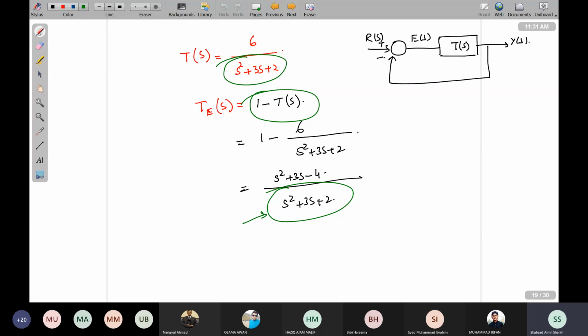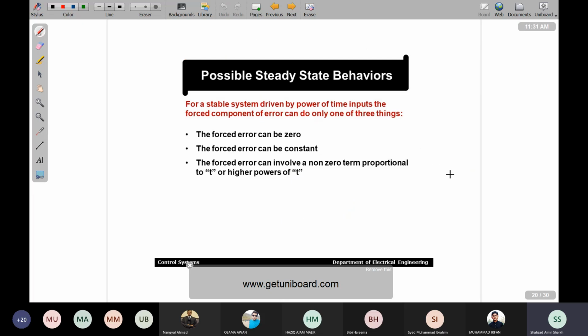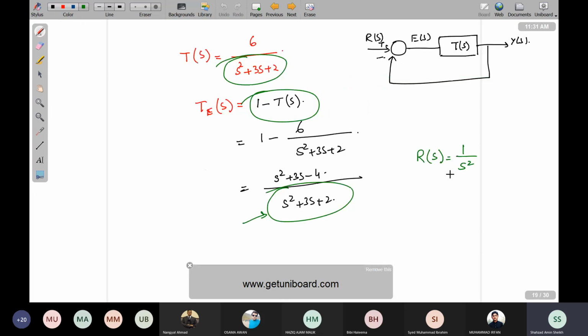राइट सर. ओके अच्छा, अब आते हैं इसी में एरर टू स्टैंडर्ड रैंप इनपुट क्या होगी इसकी. अगर रैंप इनपुट है, इस बात का मतलब ये है कि मेरा RFS जो है वो 1 over s square होना चाहिए. So अब मेरे पास EFS जो है, because I'm interested in knowing what will be my error for this RFS, that is 1 over s square.